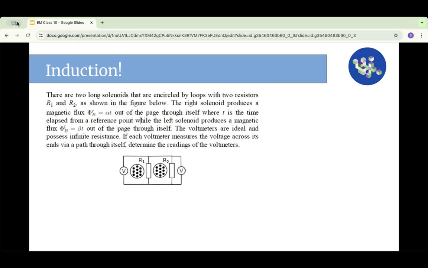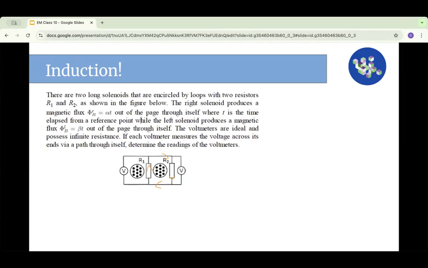If we use the right-hand rule, the EMF will have to be curling in this direction, because that way, the flux generated by this induced current will be pointing into the page, while the flux produced by the solenoid is increasing out of the page, right?